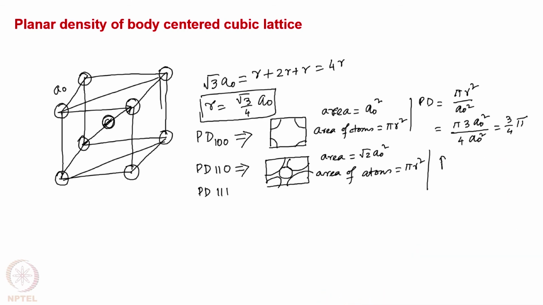So the planar density should turn out to be pi r square divided by root 2 a0 square. So now it is pi 3 a0 square by 16 into root 2 a0 square. So this is equal to 3 by 16 root 2 pi.